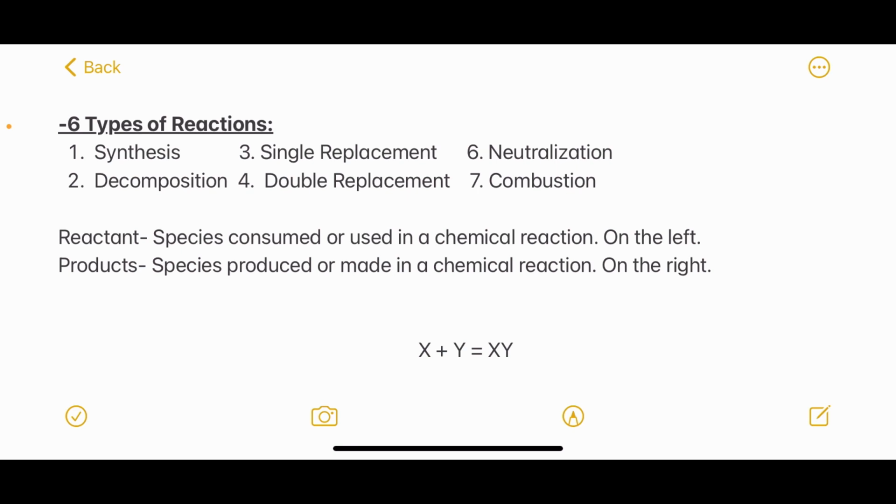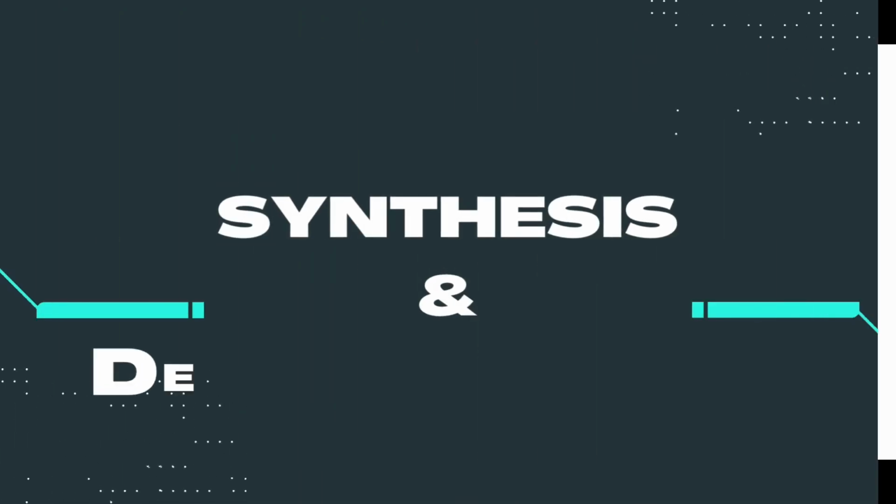As you can see down there in that equation that's lined out, this is a good representation of what a chemical equation of a reaction looks like. So what we have on the left is our reactants, and what we have on the right are the products. Now that we know that, we can go right into the explanation of the 6 types of reactions.